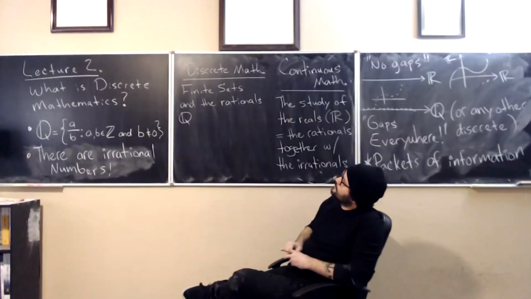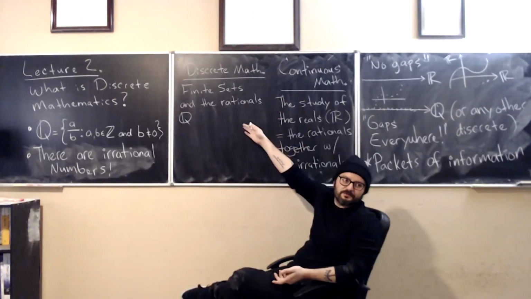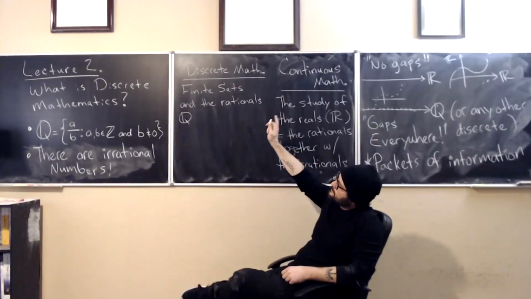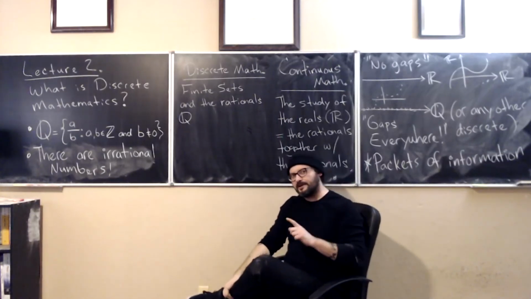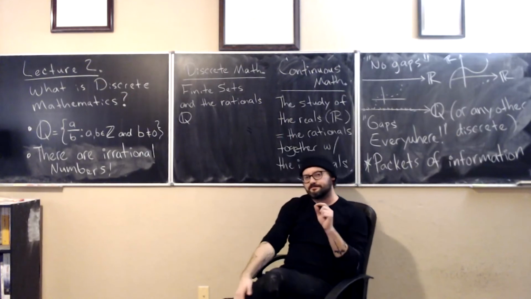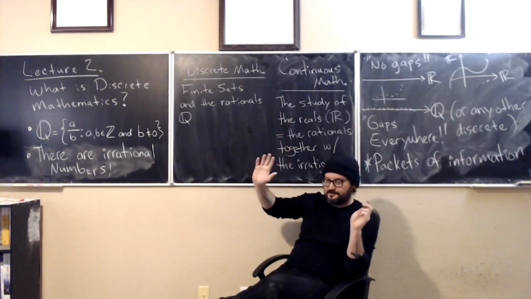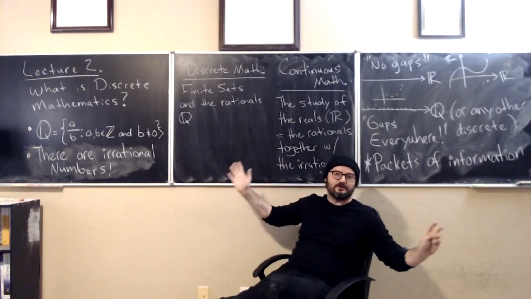However, going back to what I wrote underneath this discrete math thing here, notice it says finite sets and the rationals or any subset of the rationals, right? But finite is the really important part. So the real numbers: infinite, dense, uncountably infinite, it's just everywhere.